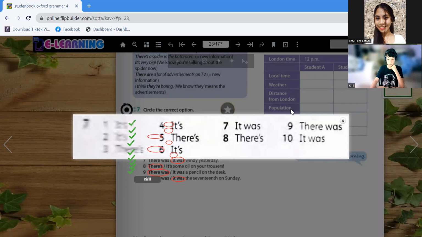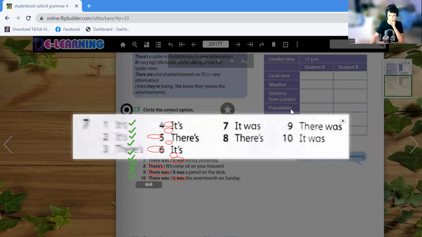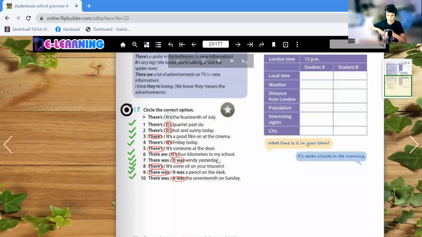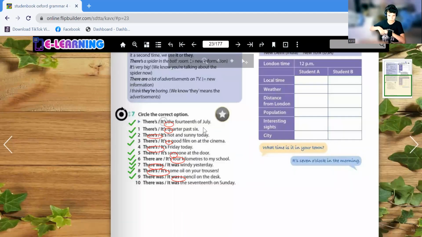So I think you understand how to use it and there and they, right? They are they. Yes.